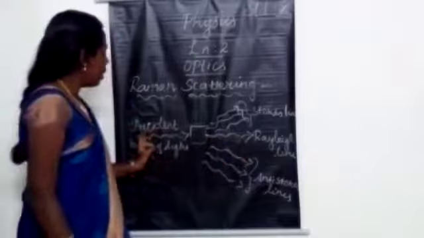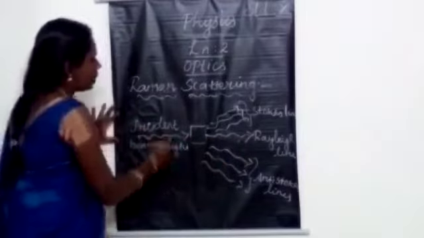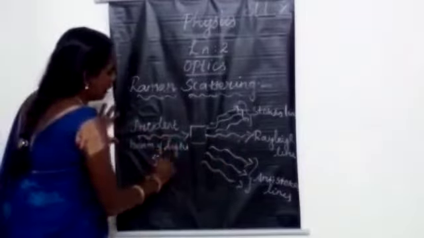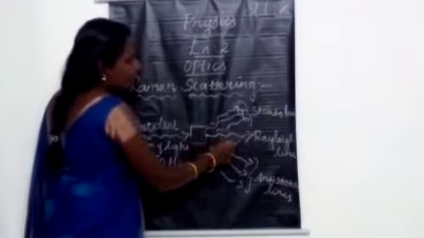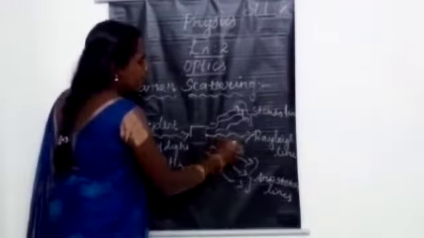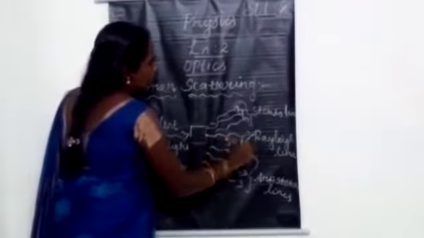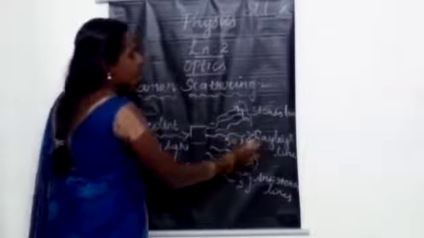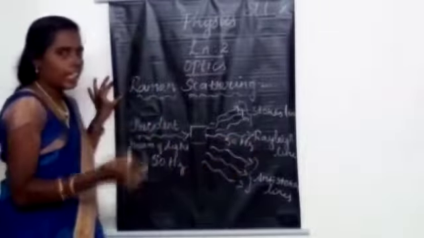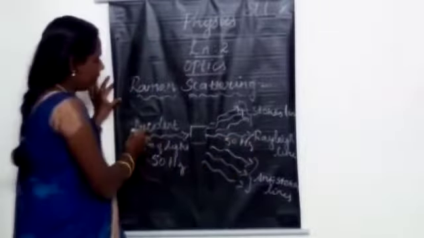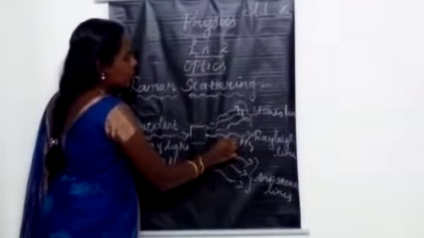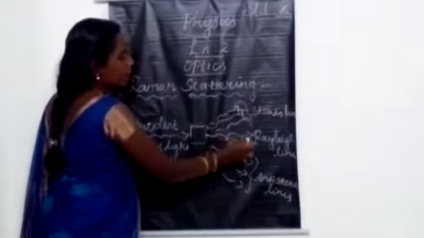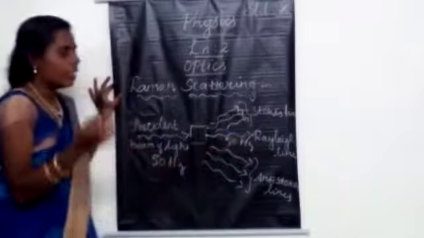For example, the incident beam of light has a frequency of maybe 50 Hz. Here in the scattered beam of light, this line also has the same frequency, 50 Hz, so that line is called the Rayleigh line. The incident beam of light having the same frequency as the scattered beam of light is called the Rayleigh line.